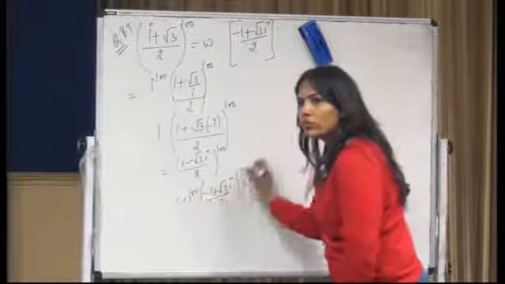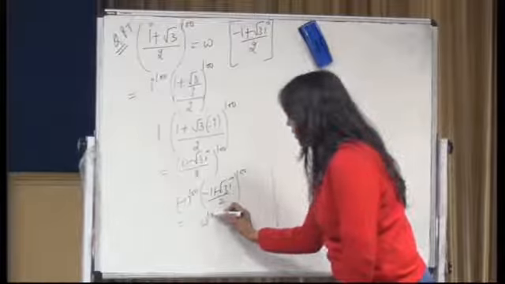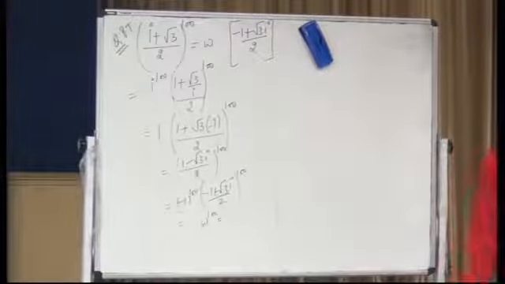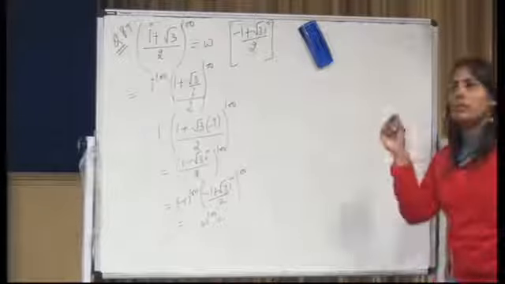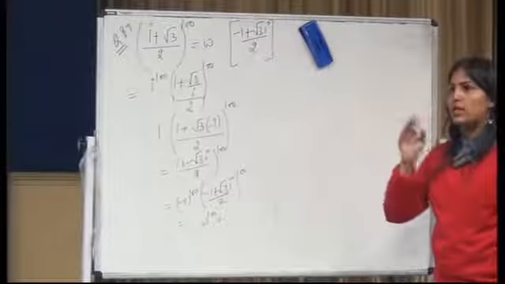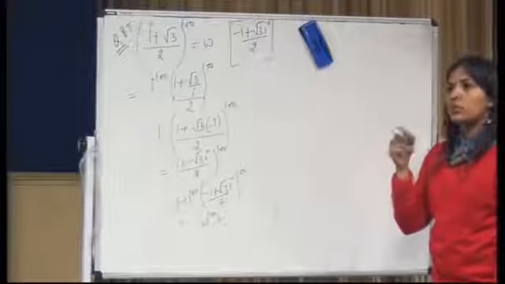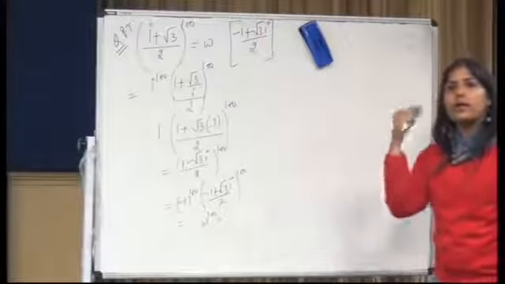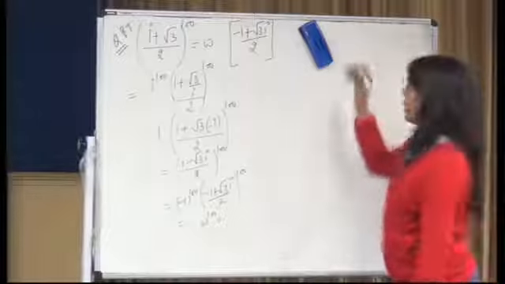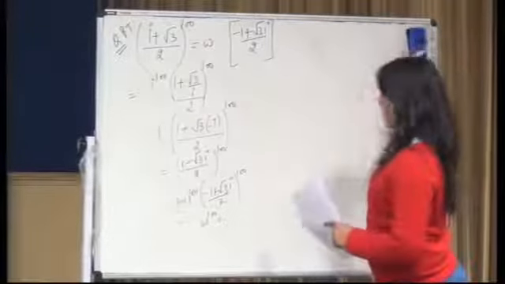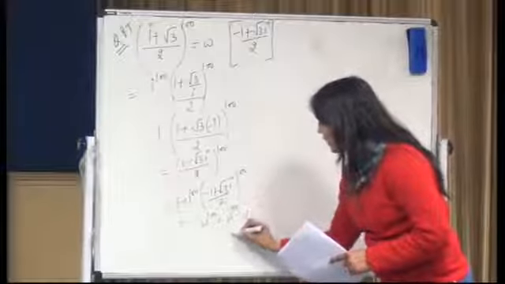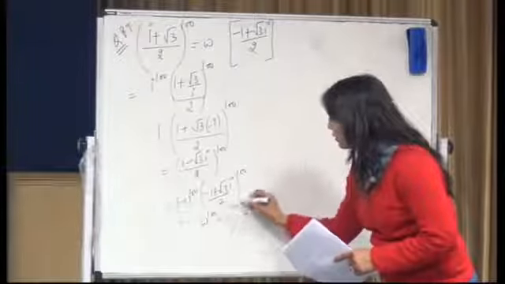This is omega to the power 100, and since a multiple of 3 gives 1, 33 into 3 is 99, so we can separate it as omega 99 into omega, and that will be omega only. So this is 1 into omega, omega only.